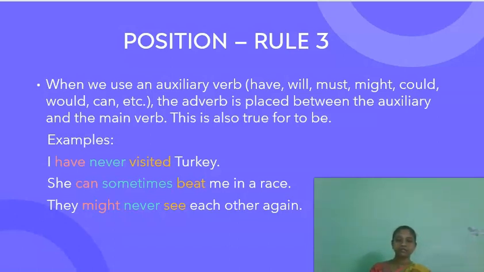Have is an auxiliary verb, never adverb of frequency, visited main verb. She can sometimes beat me in a race. Can, modal or auxiliary verb, sometimes adverb of frequency, beat, main verb. They might never see each other again. Might, auxiliary verb, never, adverb of frequency, see, main verb.